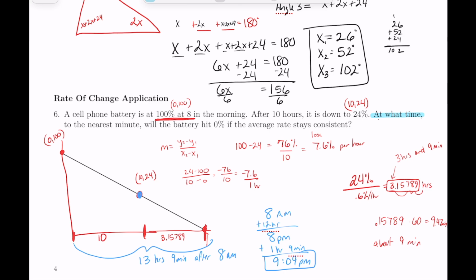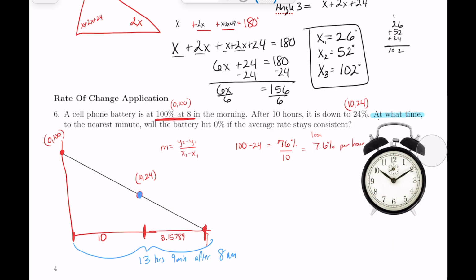Another thing we could have done would have been to write this as a linear equation. So let me clear out some of this, and I'm going to get a little clock here just as a picture to help out. We could have said y equals my slope of negative 7.6 percentage points per hour, and then my initial value was 100. So that's this spot right here. And what we're looking for is when our battery life is 0.